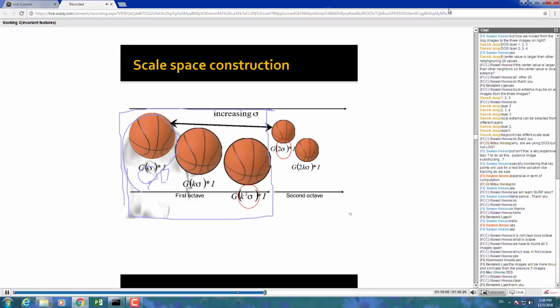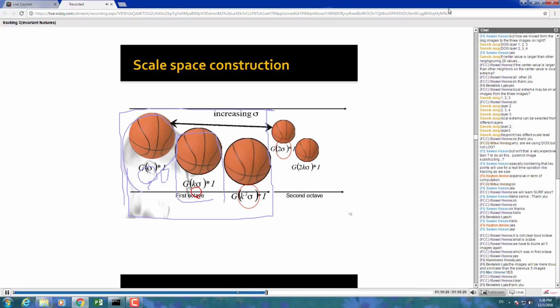It means we apply the Gaussian function to the original image I with sigma. Sigma can be any value, 1.2, whatever.